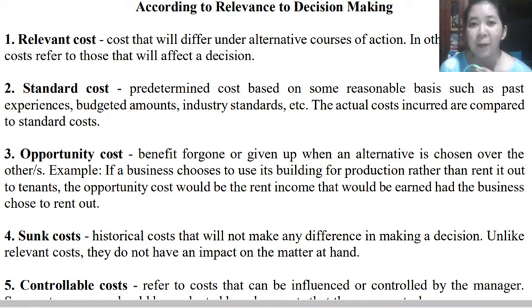That's how standard costs are used in controlling. In the next accounting period, they will identify what items cause the increase from the standard costs, so that they will try to minimize or avoid it as much as possible to control the cost. So that is our standard cost.